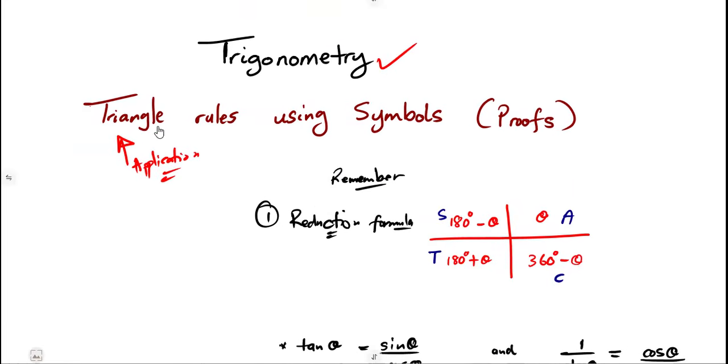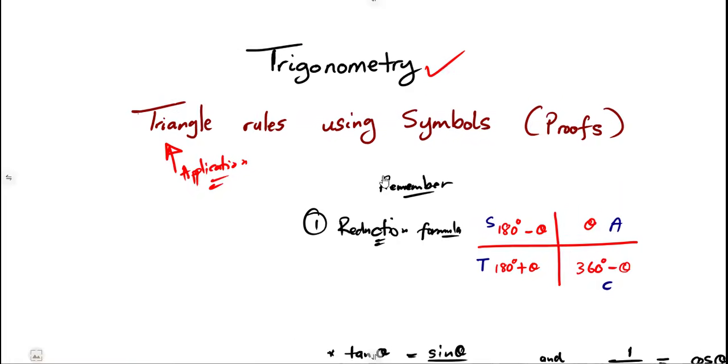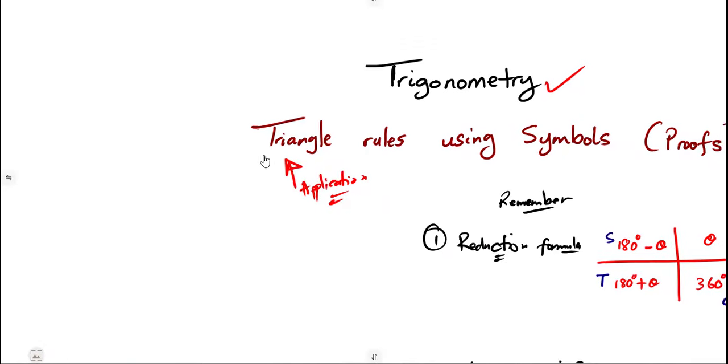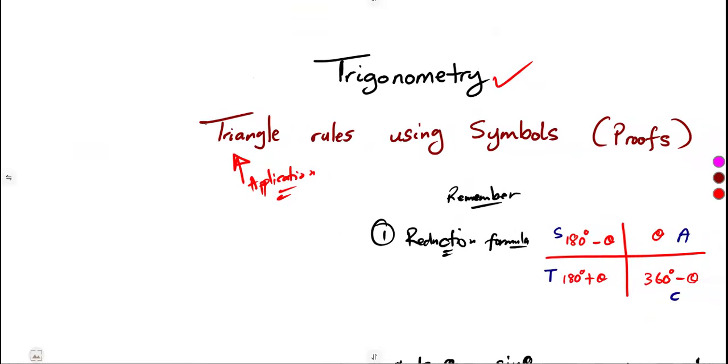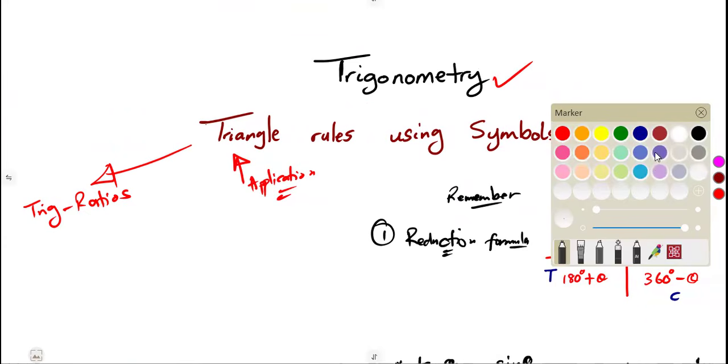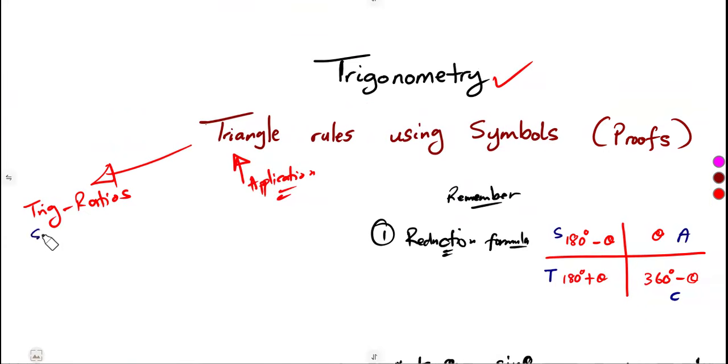So on the triangle, you go back to the basics of your 2D, remember, in your grade 10, every part that has to do with trigonometrical ratios. Remember your trig ratios, the SOHCAHTOA concept.